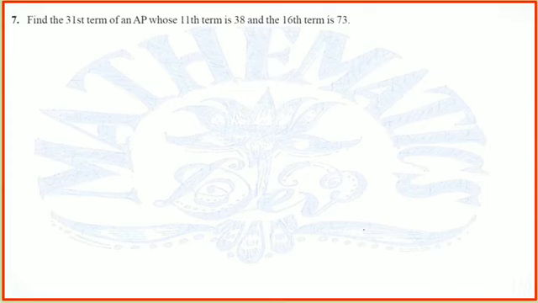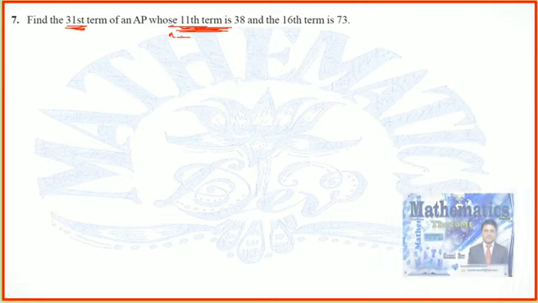Next, question number 7. Find the 31st term, again this is the position, of an AP whose 11th term is 38. The 11th term means A plus 10D, so A plus 10D is 38.